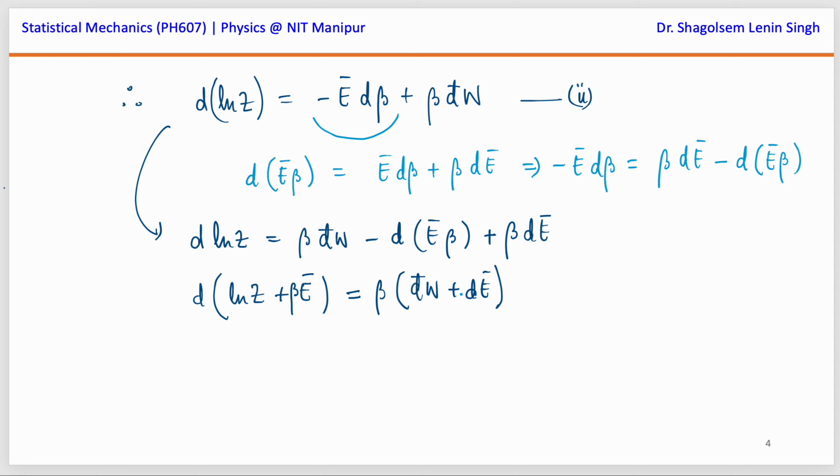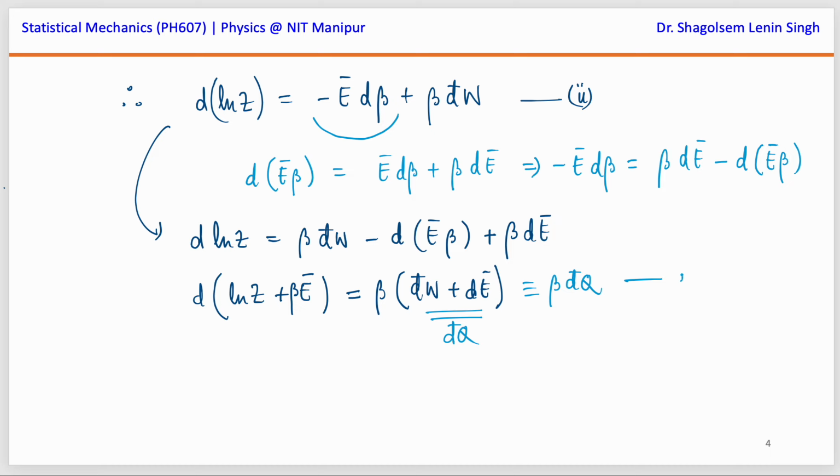Now you recognize what is this term? This is heat absorption. This is from the first law of thermodynamics. So we can write beta del Q. Okay. So we have a relation here.